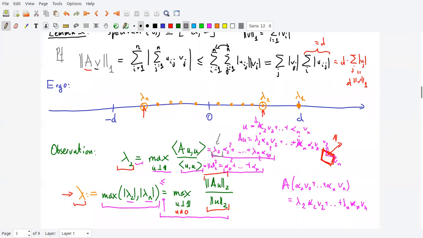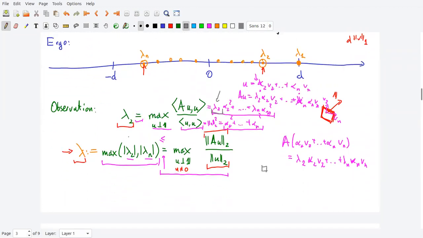And again, the maximum will be attained for any vector that is parallel to v2, the eigenvector corresponding to lambda 2. Good. So these are the two observations that express those two extremal eigenvalues within this smaller spectrum through some algebraic terms. Good. Any questions about this?